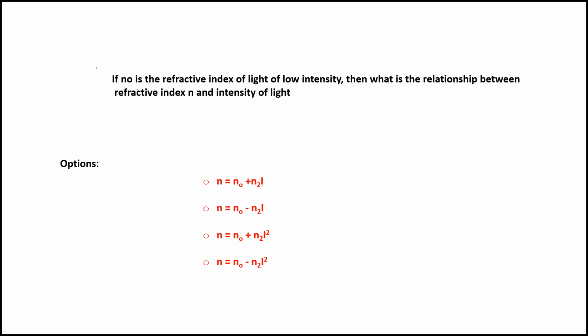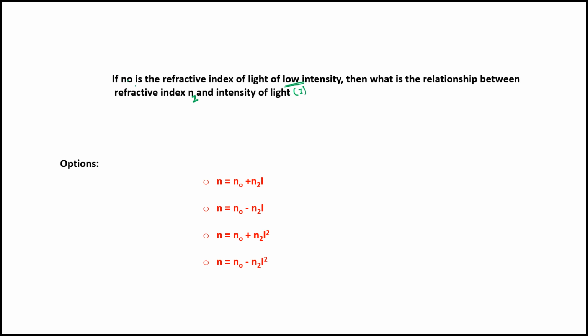If N0 is the refractive index of light of low intensity, then what is the relationship between the refractive index N and the intensity of light I?